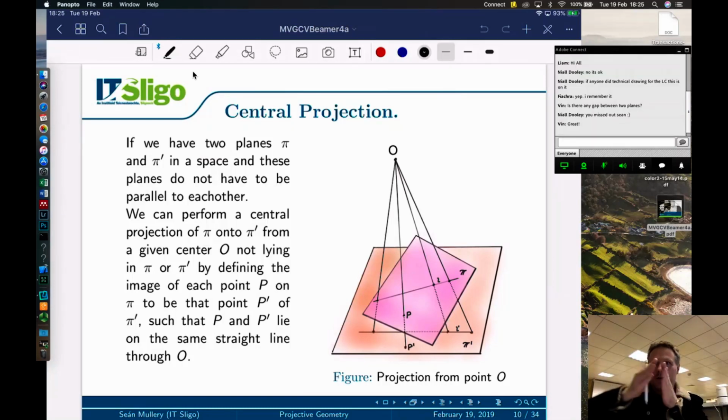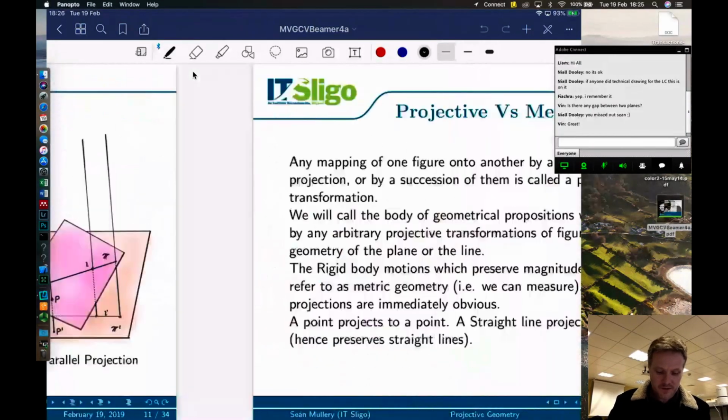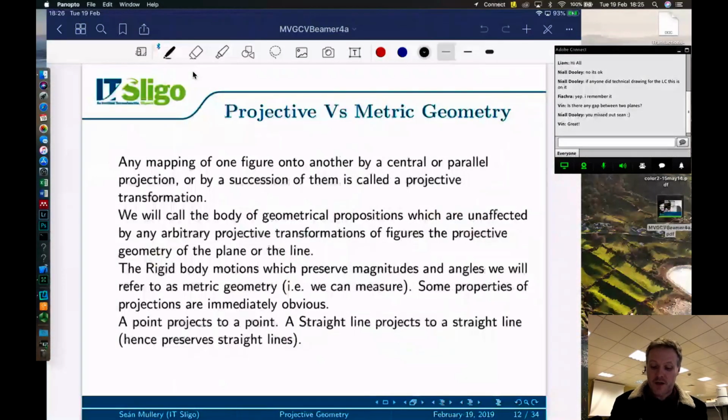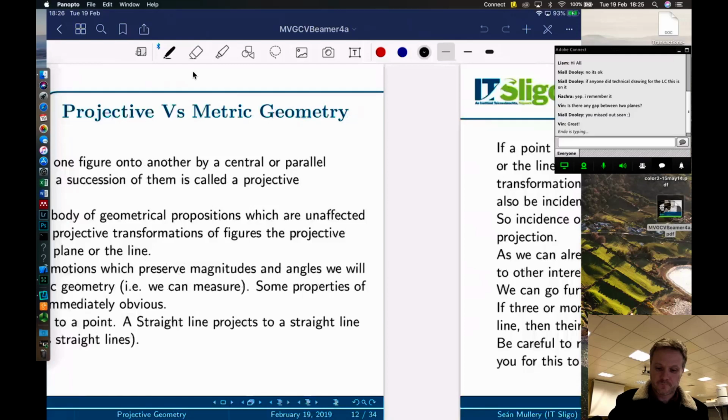It's not going to converge out to a whole circle or anything like that. I'm going to converge to one point, as you can see there. So points become points. And a straight line projects to a straight line, which is maybe not as obvious, but it's what we talked about as the one thing that projective geometry does preserve: straight lines.